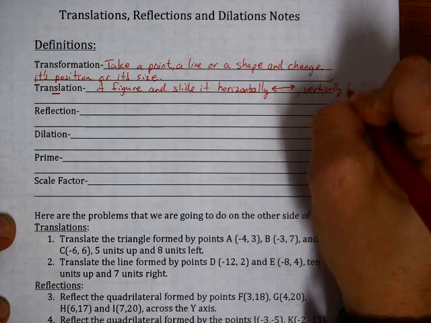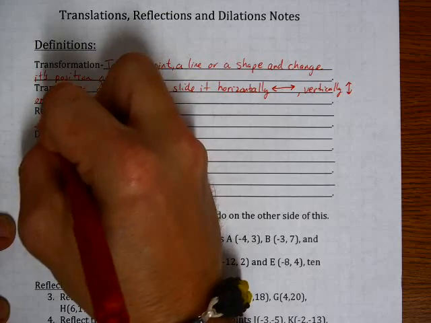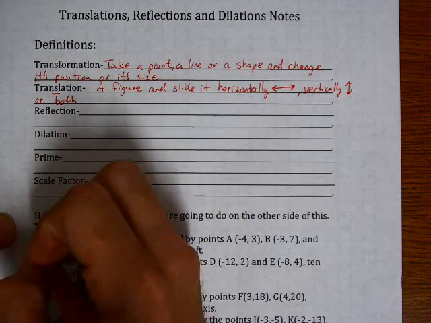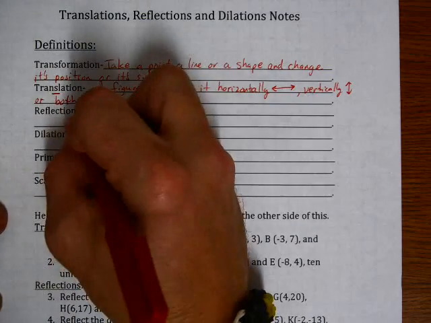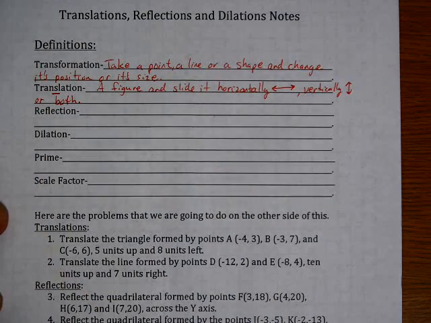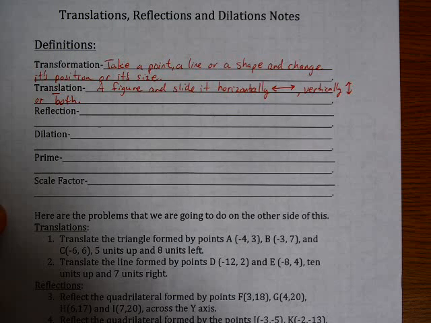Vertically, vertical leap, up or down, or both. So you can be told to move a shape left and then up, right and then down, any combination of those. And in Spanish, transformación en que una figura se desliza horizontal o verticalmente o de ambas maneras.